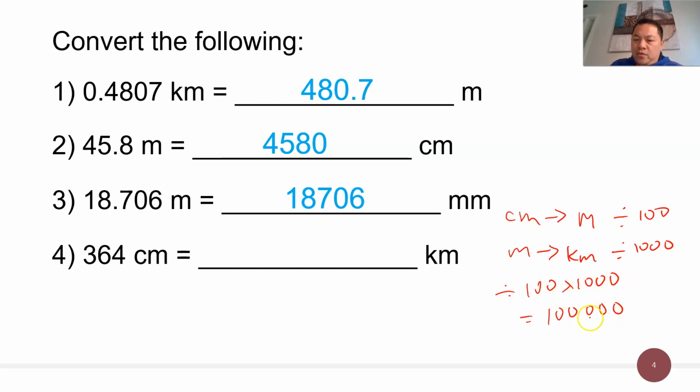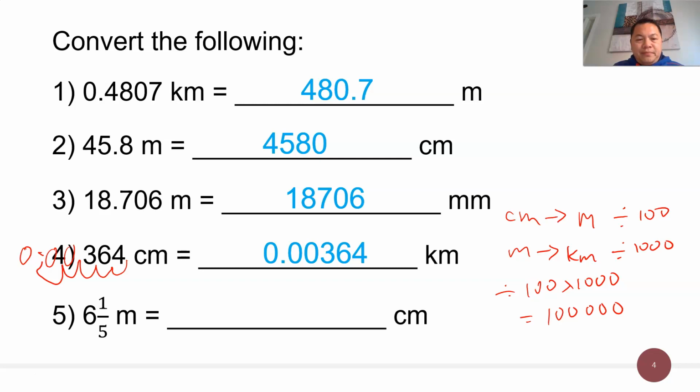You got to move 5 times, 5 zeros, so 1, 2, 3, 4, 5. That's how I get the answer, 0.00364.